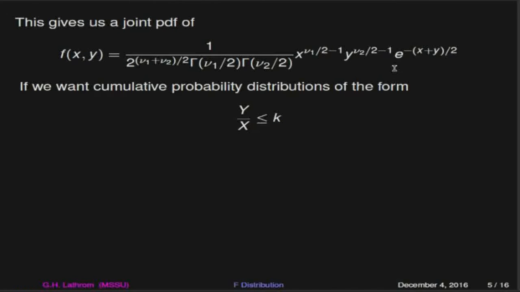So what we want is a transformation. So we want the cumulative probability distribution for something of the form y over x being less than or equal to k. And so what we do, we come up with a transformation that will give us just that.